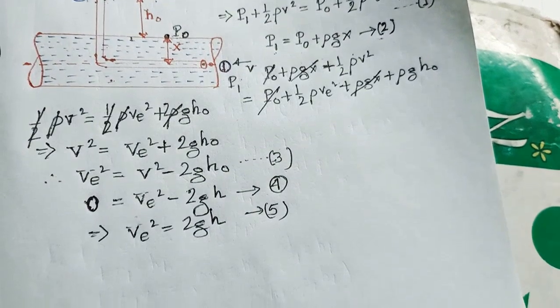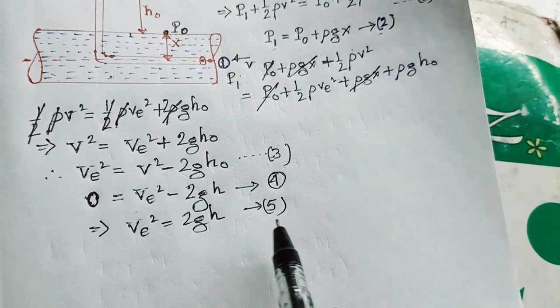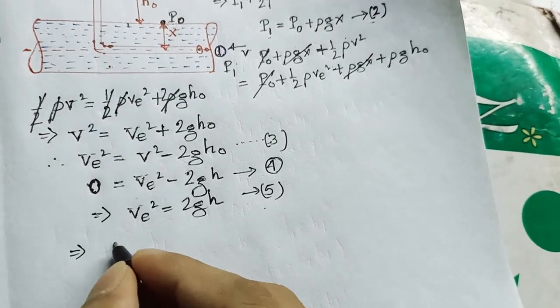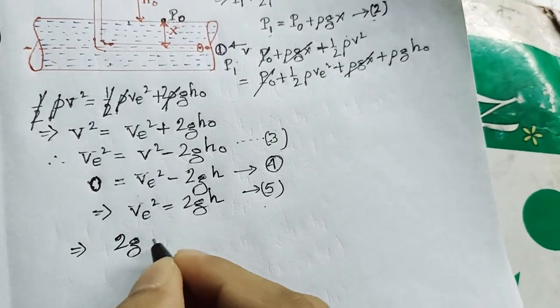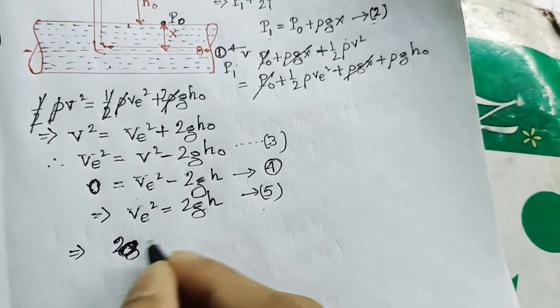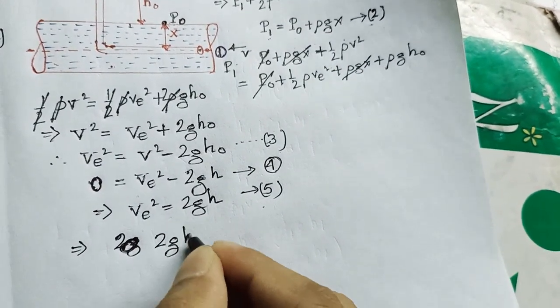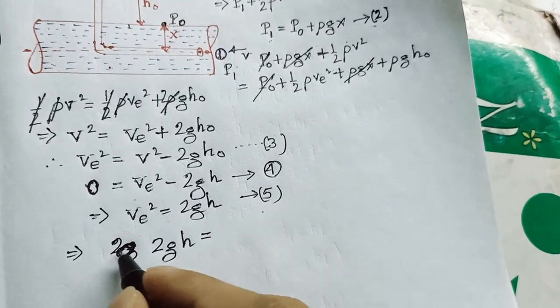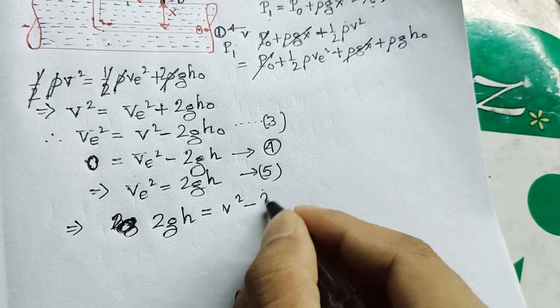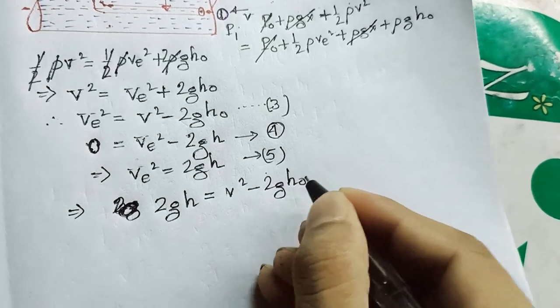Now we'll substitute the value of v e square from equation number 5 into our equation number 3, and then our equation will become 2 g h equal to v square minus 2 g h naught.